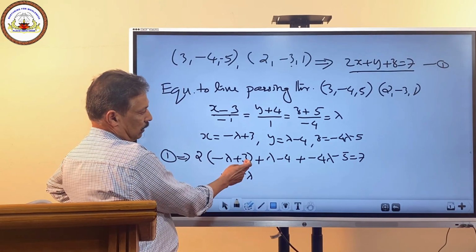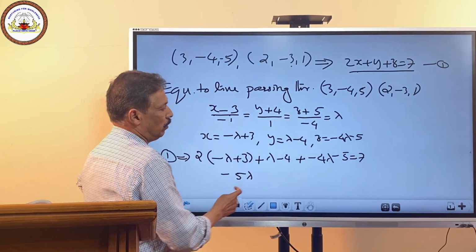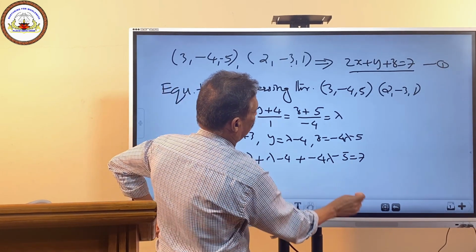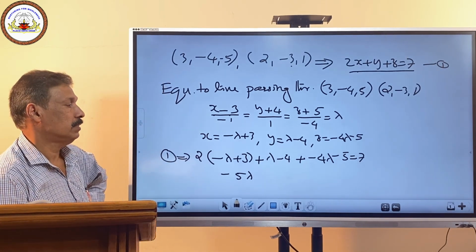Numerical terms, 6 minus 4 minus 5, that is equal to minus 3.